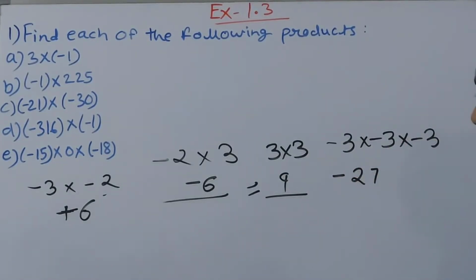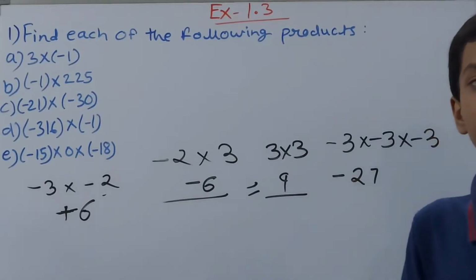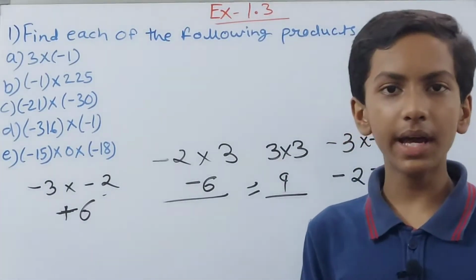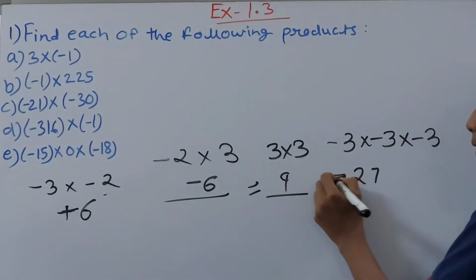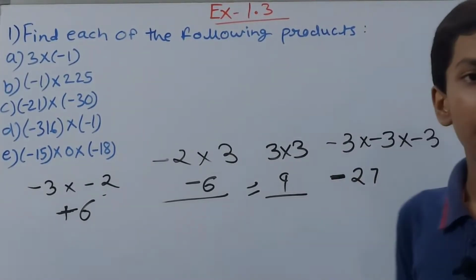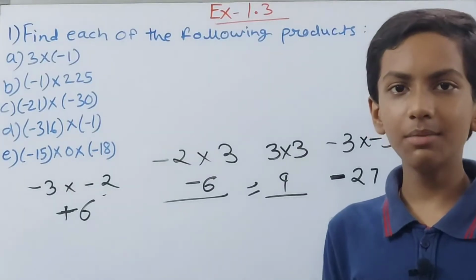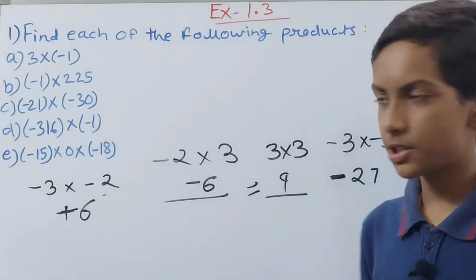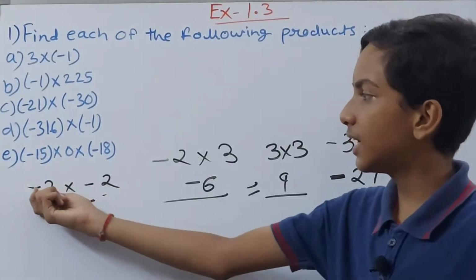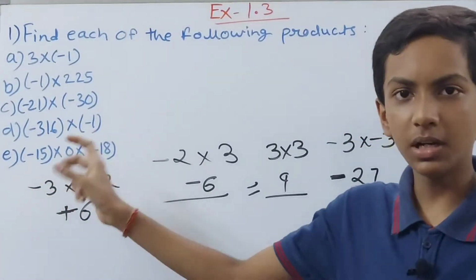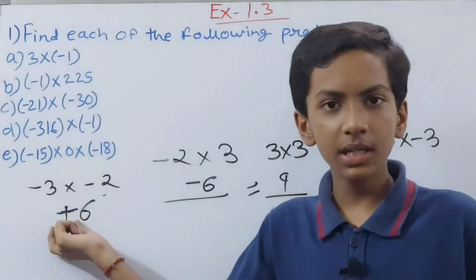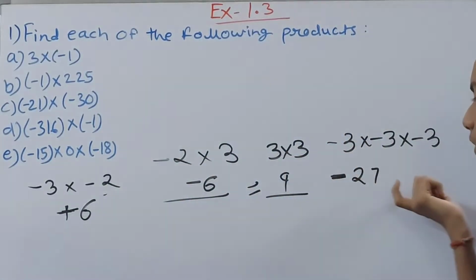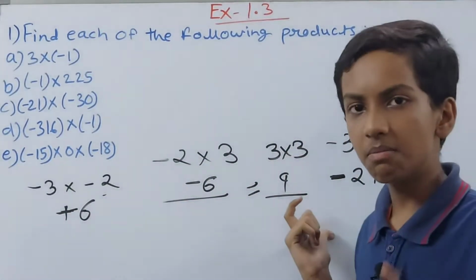Whenever it is multiplied an odd number of times, a minus sign is always put, so minus 27. And when it is multiplied an even number of times, we put a plus sign. Like this one, minus 3 is two negative integers, so we put a plus sign. Here three negative integers are being multiplied, so we put a minus sign.